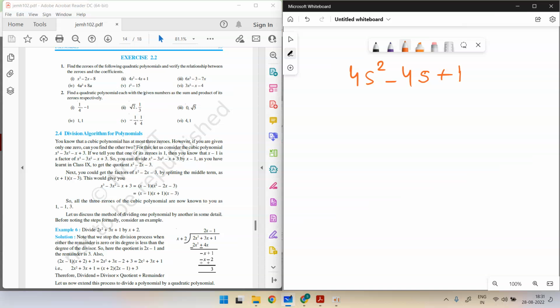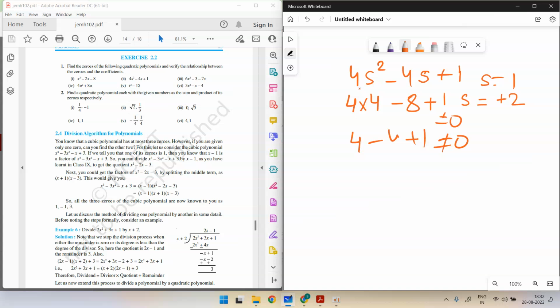If you take s equals plus 2, what does it become? 4 into 4 is 16, minus 4 into 2 is 8, plus 1: 17 minus 8, not equal to 0. You take s equal to 1: 4 minus 4 plus 1 is not equal to 0.